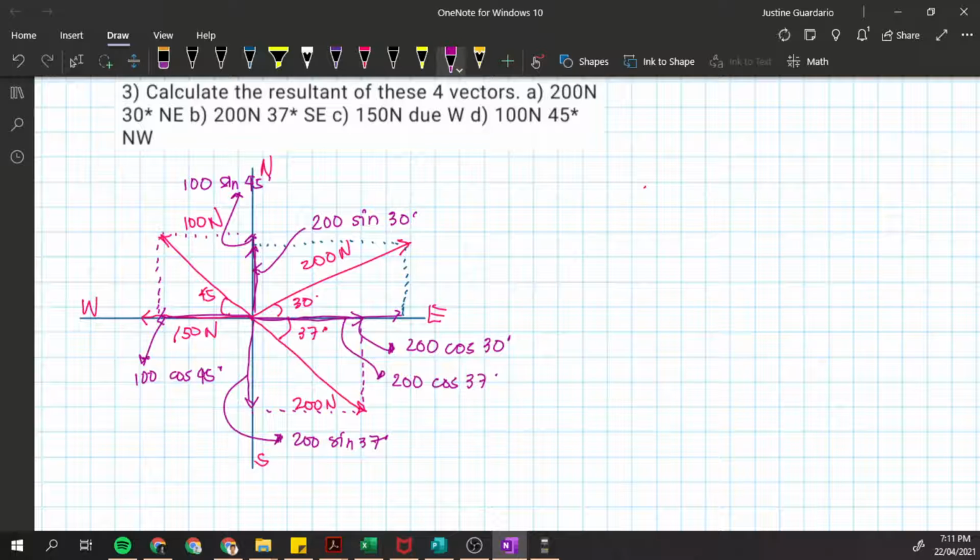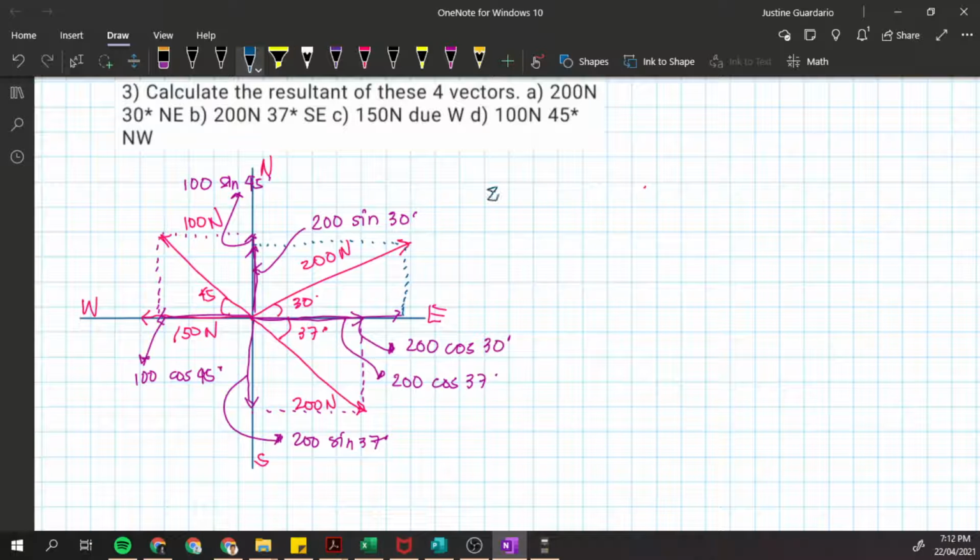Okay. Ngayon, meron din tayong 150 newtons. Kaso, di na niyan kailangan ng kanyang x and y components kasi naglalay na siya mismo sa ating x or y axis. Ngayon, if we're done resolving the vectors, pwede na tayo mag-summation of our forces.